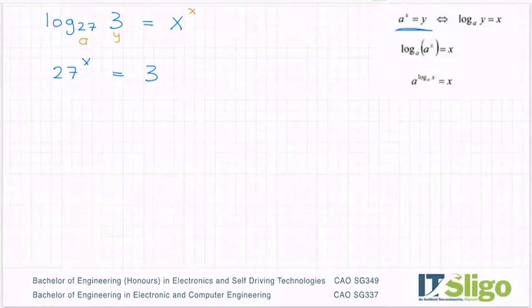Written like such. Then let's solve it in your calculator. Use your log. You can't solve it from here. You have to solve it from here. So again, put in your base 27. And you can see the answer is a third.